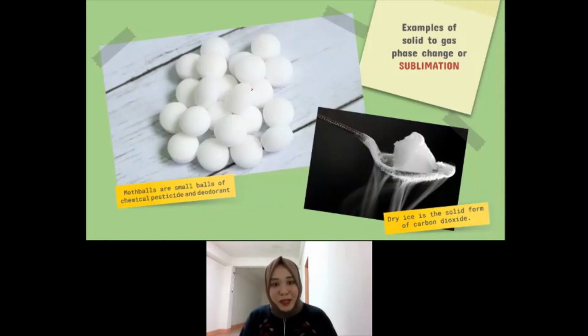Examples of sublimation are mothballs. Mothballs are used as chemical pesticides and also in deodorants.